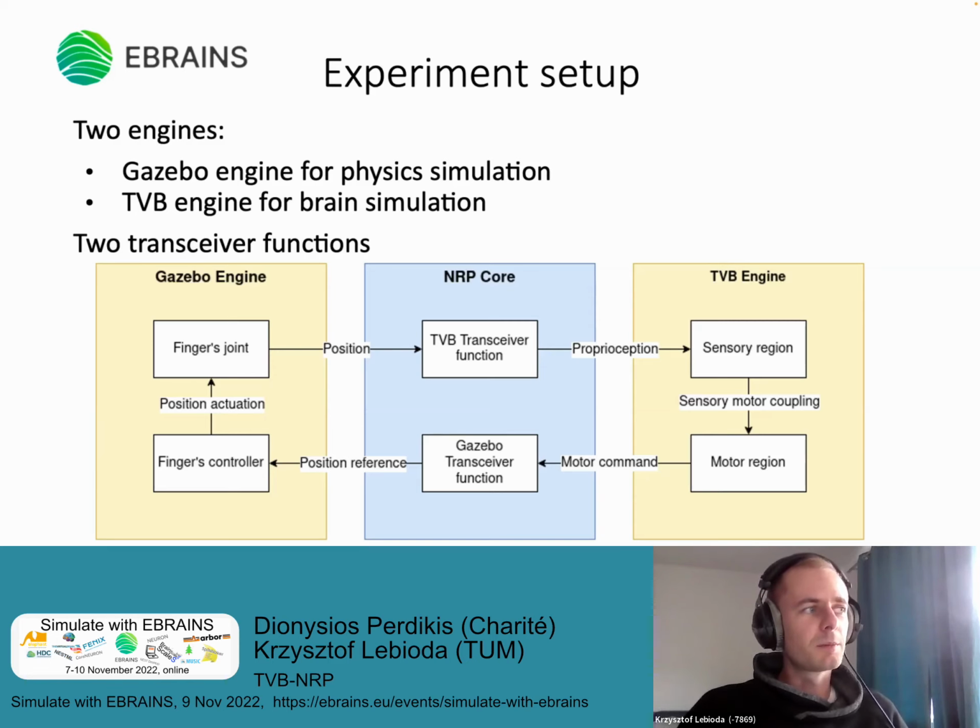At every time step, the Gazebo engine outputs a set of positions of finger joints, which are translated into proprioception that is an input to the sensory region in the TVB engine. And within the same time step, in parallel, the TVB engine outputs a motor command that is translated into position references for the finger controllers. Yeah, that's it.